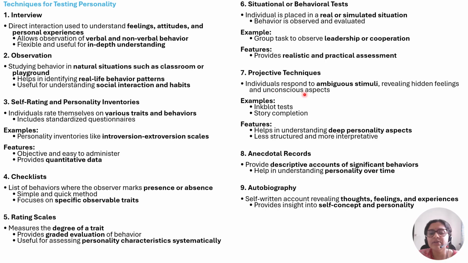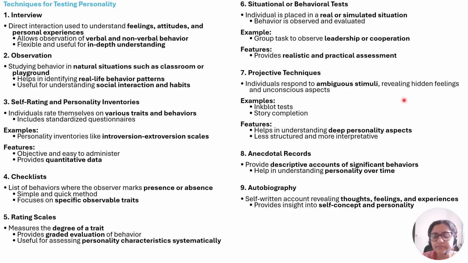In these techniques, individuals respond to ambiguous stimuli. Okay. So ambiguous stimuli means the sensory inputs or the situations that can be interpreted in multiple ways due to the lack of clear meaning or information. That is, a person will not know from where the stimulus is coming.